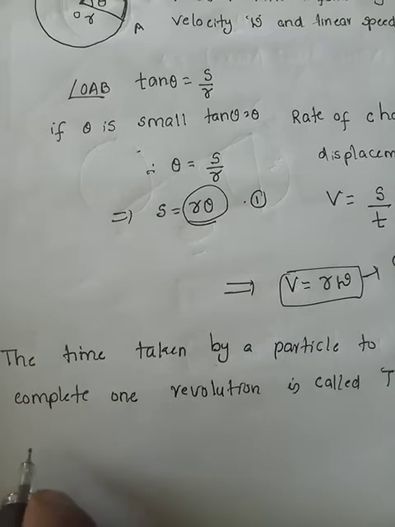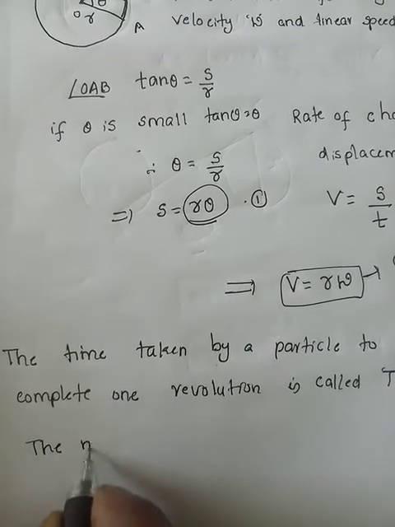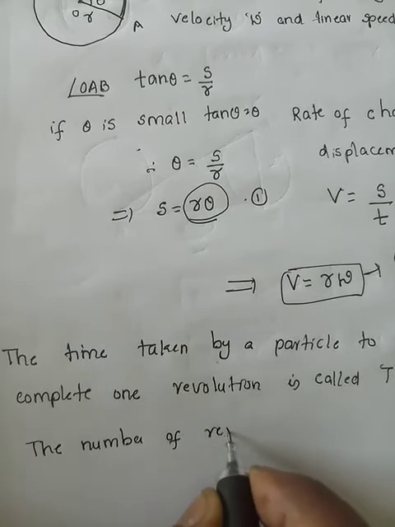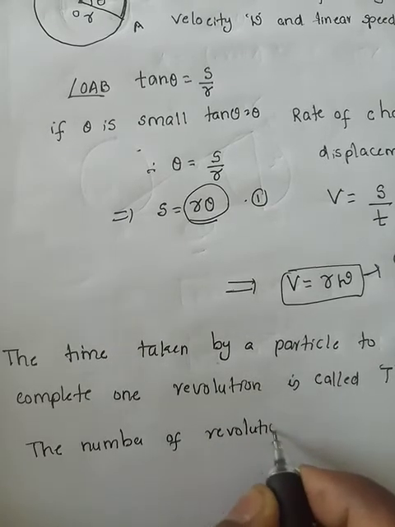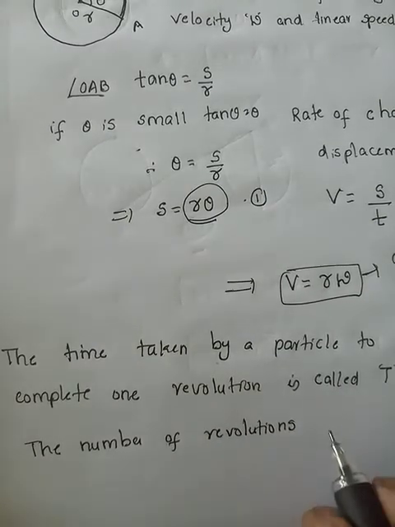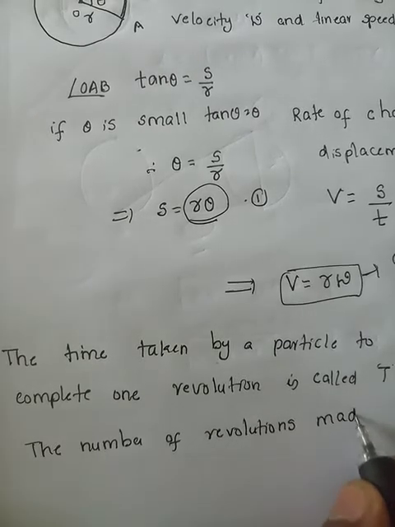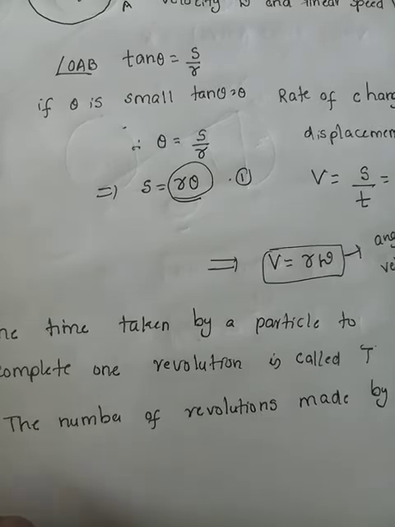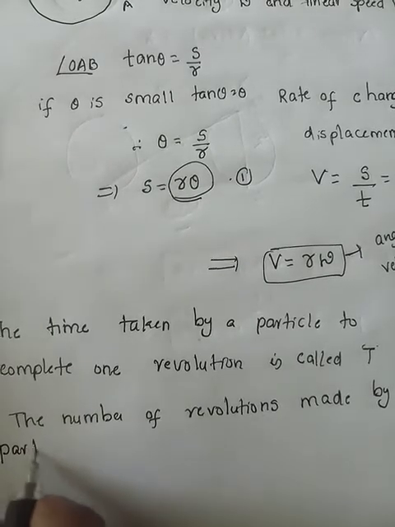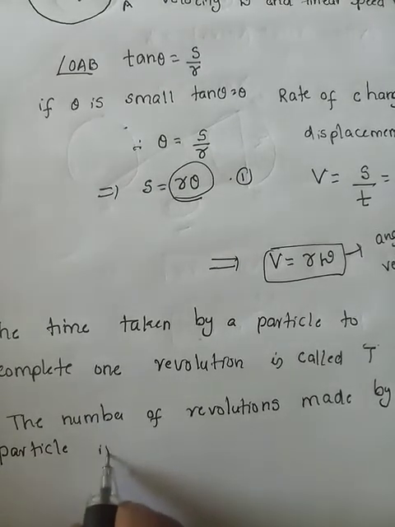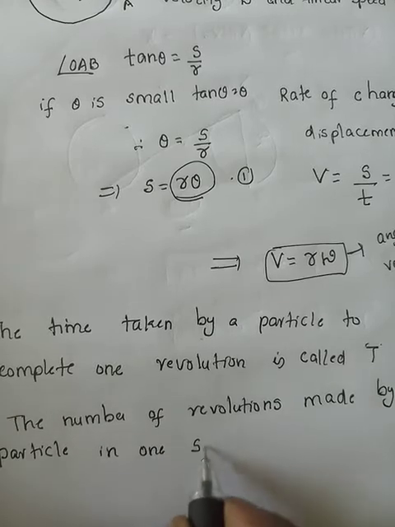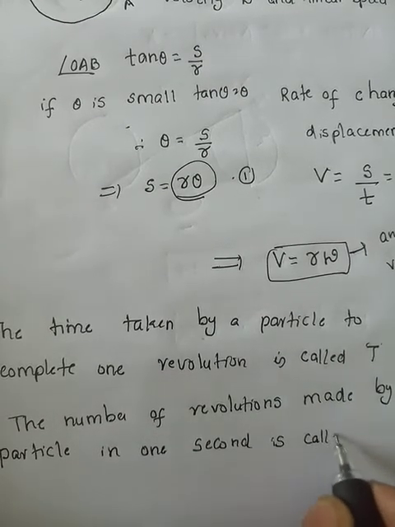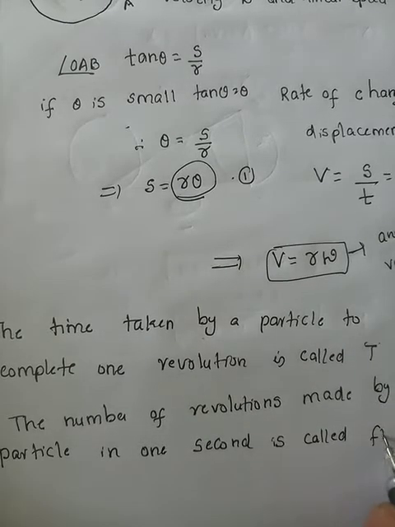The time taken by a particle to complete one revolution is called time period. Now, the number of revolutions made by the particle in 1 second is called frequency.